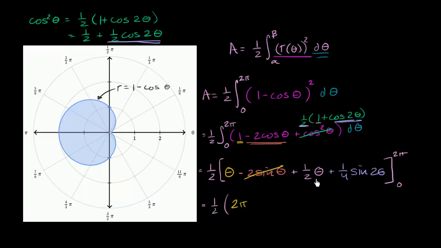And then plus 1/2 times 2 pi, so that's going to be plus pi. And then sine of 2 times 2 pi is sine of 4 pi. That's still going to be 0. And we are almost done. So this is going to be 1/2 times 3 pi, or 3/2 pi is the area of this region.